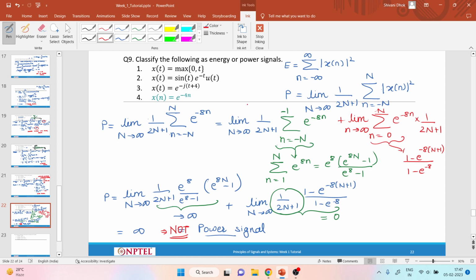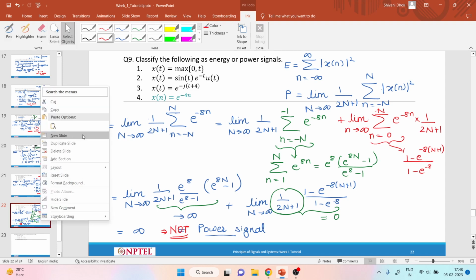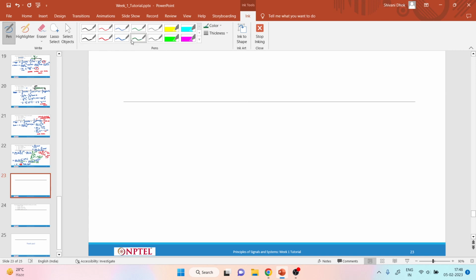Now let us try to find its energy. So my energy is given as summation n running from minus infinity to infinity of mod x of n squared, which is equal to summation n running from minus infinity to infinity e power minus 8n.